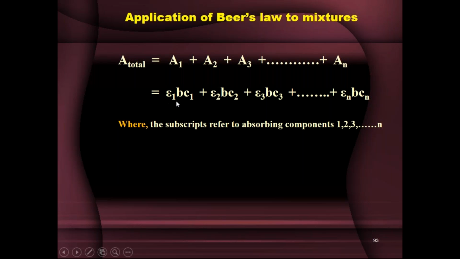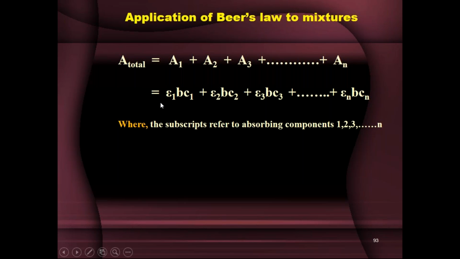A1 would be equal to epsilon 1 b c1, A2 equals epsilon 2 b c2, A3 equals epsilon 3 b c3. b is not given any subscript because it remains constant, since it depends upon an instrumental component, the cuvette or the sample holder, which will have a definite diameter, and hence the length of the solution within that cuvette will be constant for all the substances.